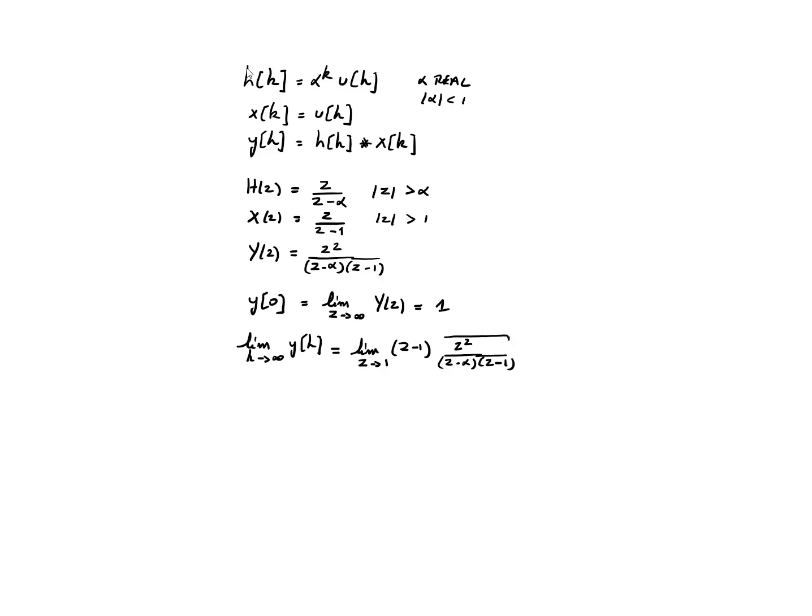Okay, remember this is Y(z), and this limit is 1 over 1 minus alpha. So using these initial and final value theorems, we can have an idea of the step response at the initial time k equal to 0 and at the final time when k tends to infinity.